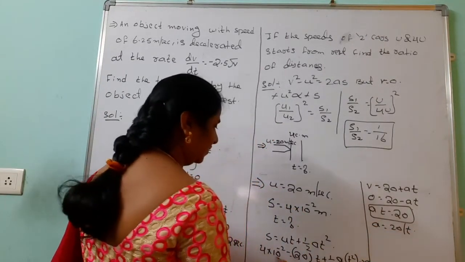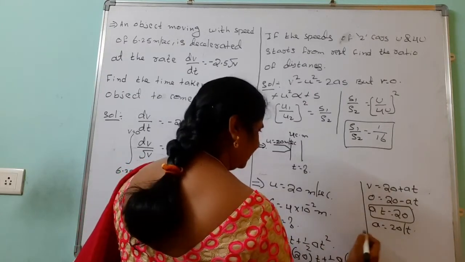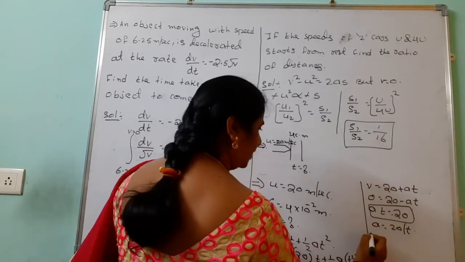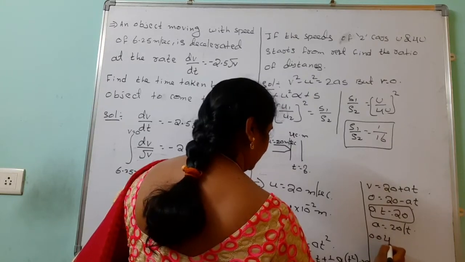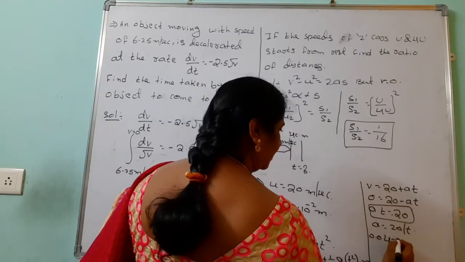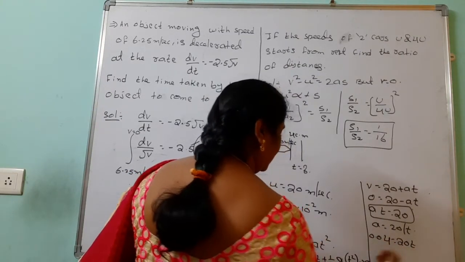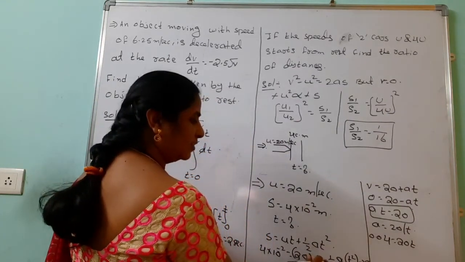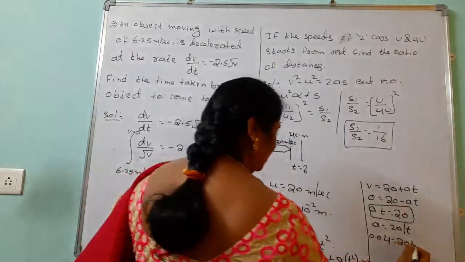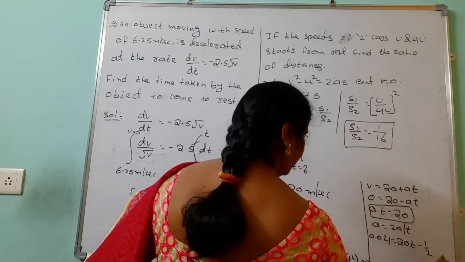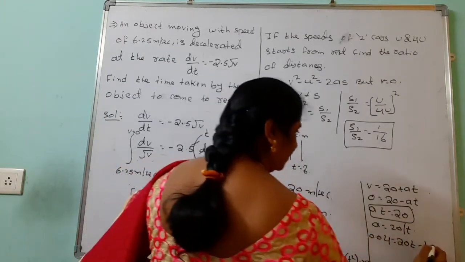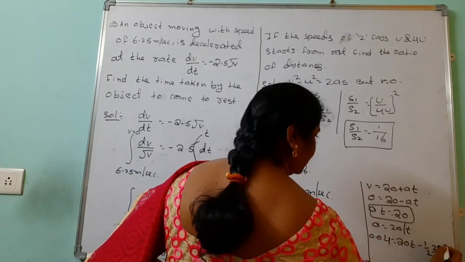After simplification, we get 0.04 equals 20 into t. Here the velocity is decreasing, so we should take the negative sign: minus 1 by 2 into, instead of a, 20 by t, into t square.